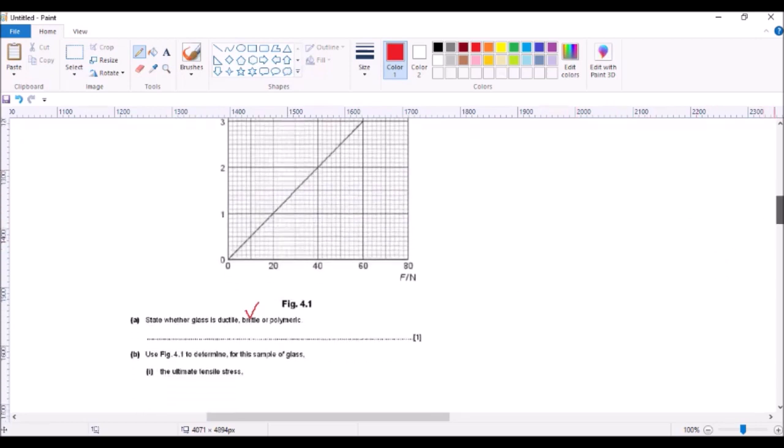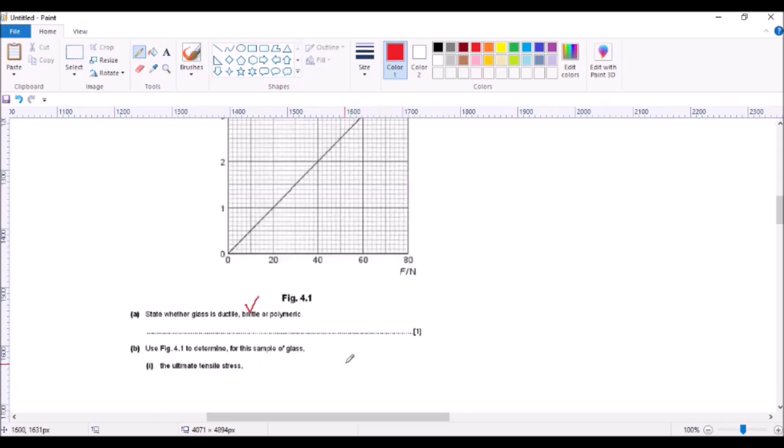All right, let's go to the question. Determine for the sample of glass the ultimate tensile strength.